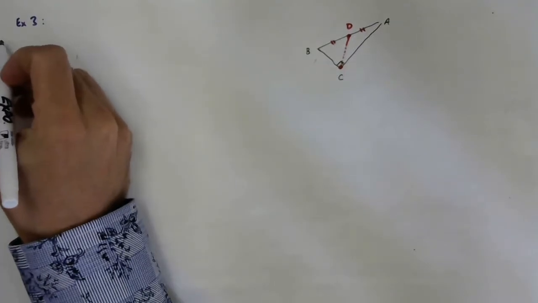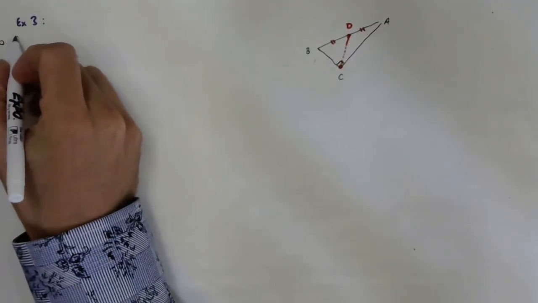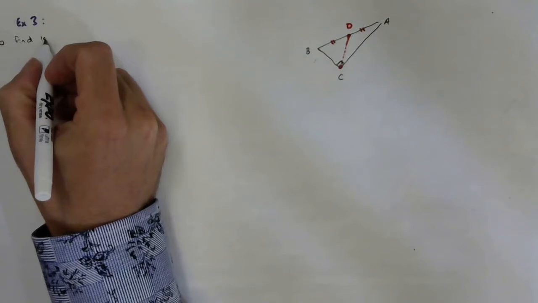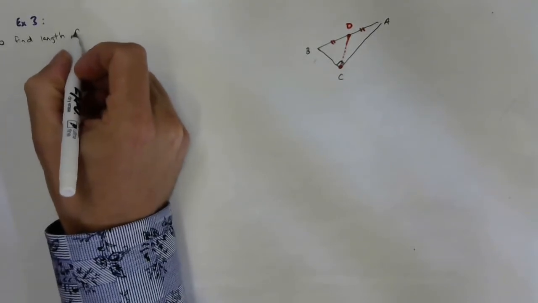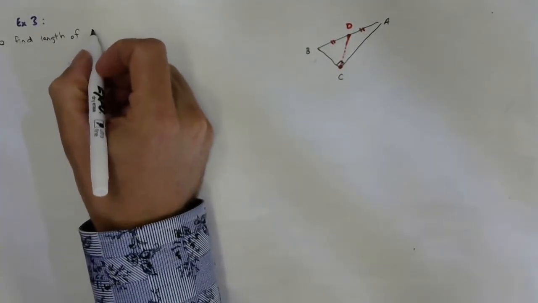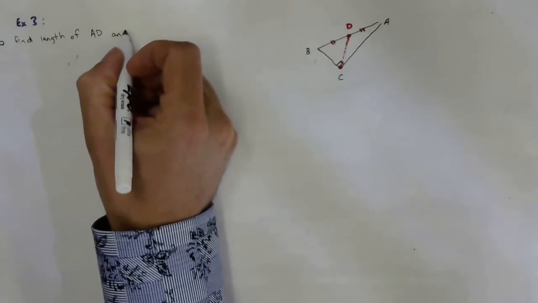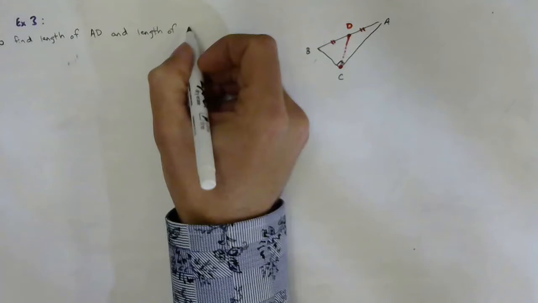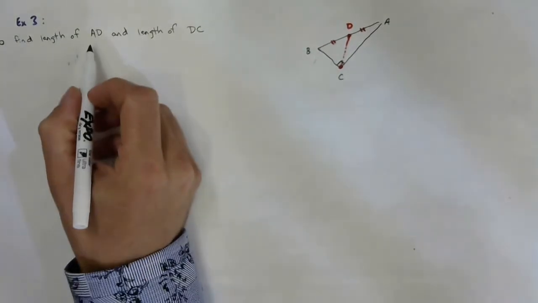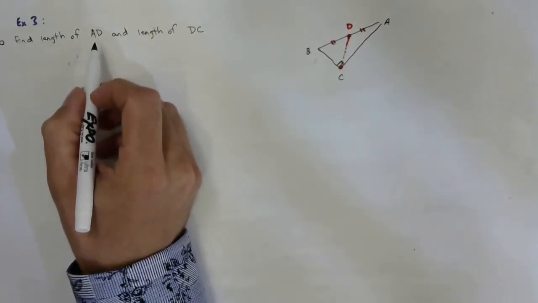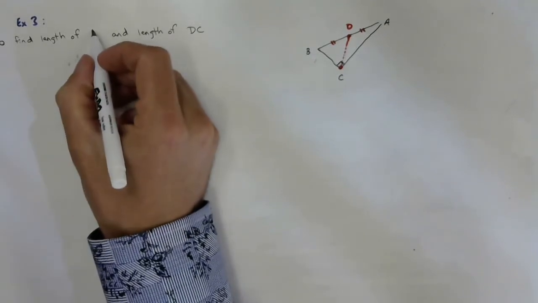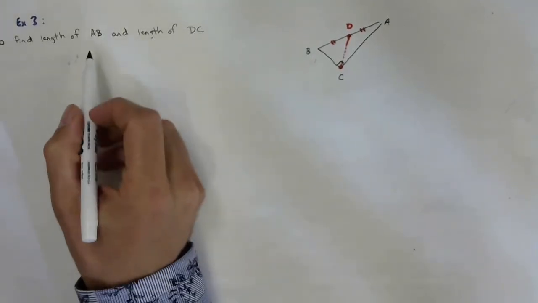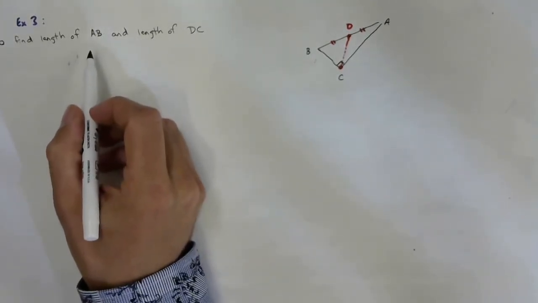Okay? So here's my little list of things to do. Find length of AB and length of DC. Oh, sorry, it's not AD, it should be AB. AB is the hypotenuse. Do we have enough information to find the length of AB?